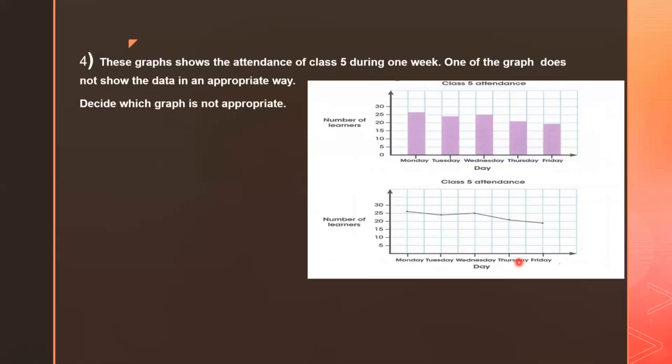inappropriate one. So the question is simple. Just decide which graph is not appropriate. See, when you look at this first graph, it has been specifically mentioned everything. You can even understand the intermediate points and all. See, from this much to this much is Monday, Tuesday.